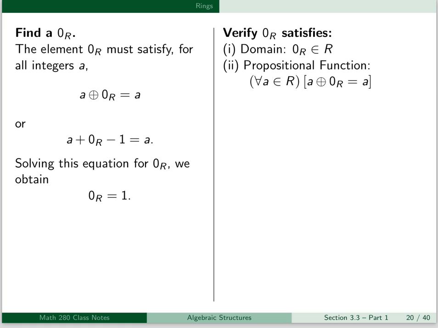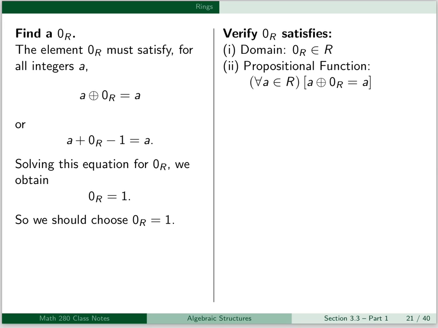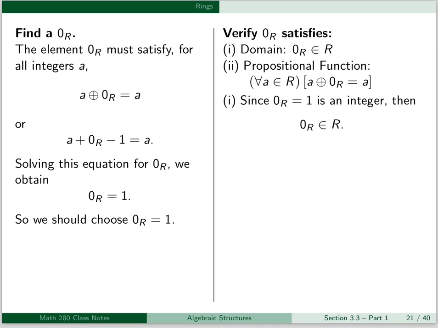And solving this equation for 0 sub r, the a's will cancel, and we just obtain 0 sub r is equal to 1. So this tells us we should choose 0 sub r equal 1. And now we're ready to move over into the right-hand column. And since 0 sub r equal 1 is an integer, then 0 sub r is in R.